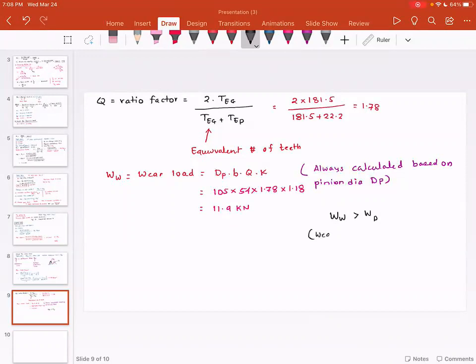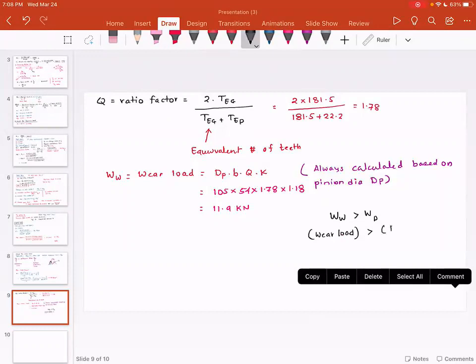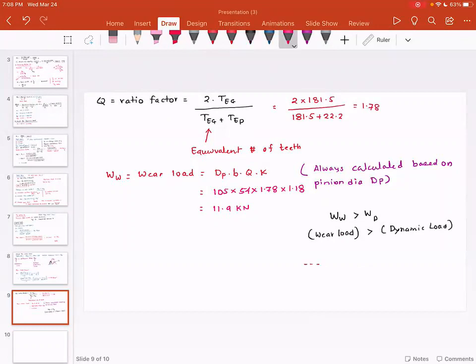Wear load is greater than dynamic load, which means the design is safe. Any questions here? Any question on this problem?